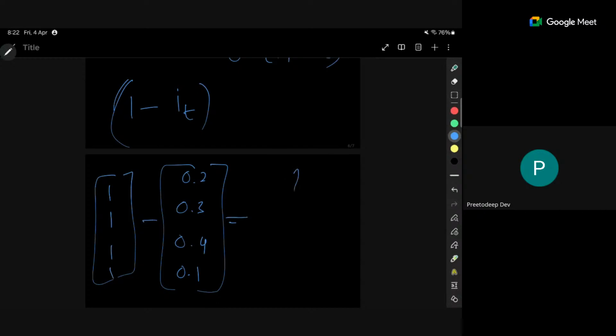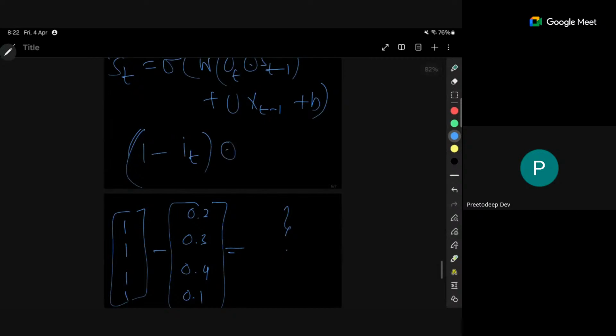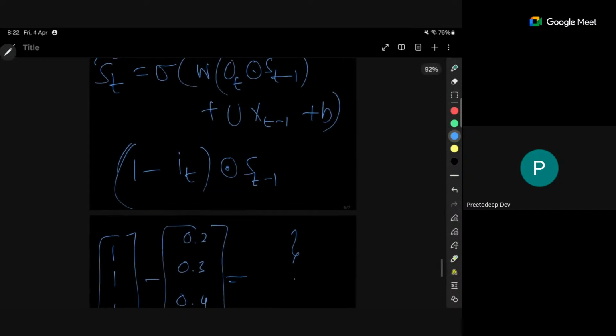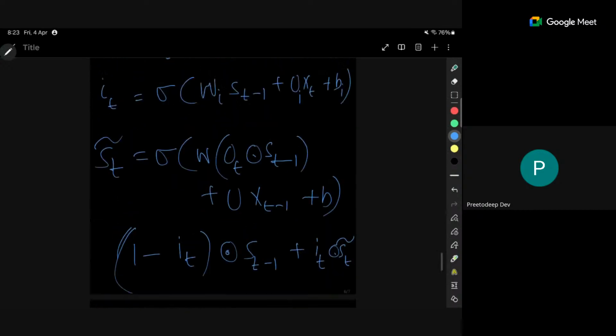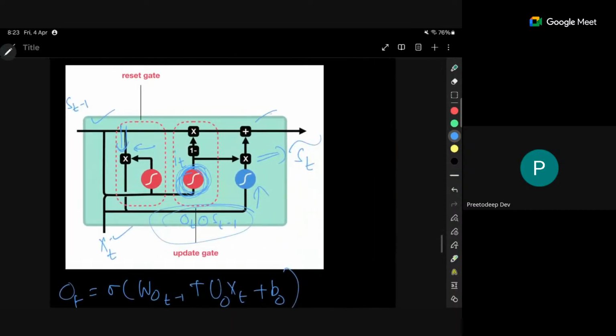Whatever you get is this one minus IT. Then you'll do element-wise multiplication with ST minus one, and there's another, which is you'll do IT and element-wise multiplication of ST temporary state. So that's what is happening at this point.